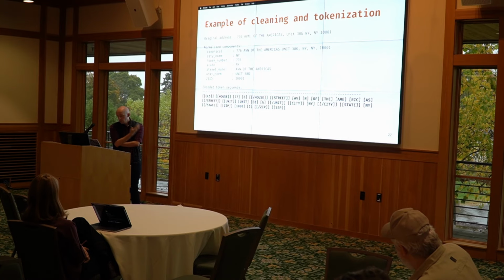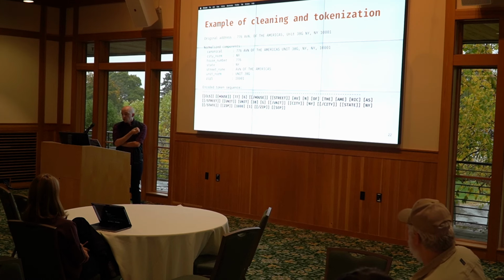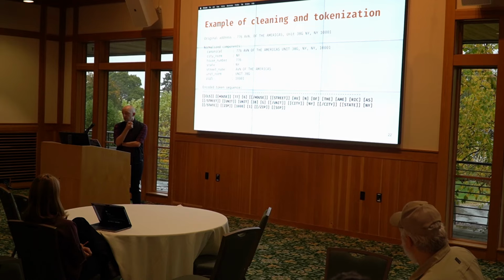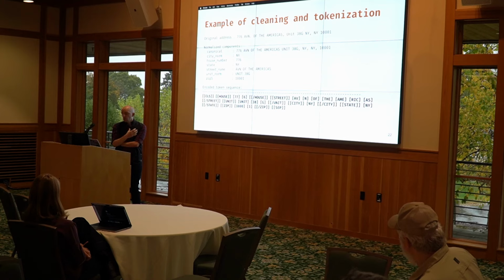We know that with the previous solution, we were able to get a canonical form and also a parsed version of the address. So we know which chunks of the address are the house number, the street, the state, the postcode, etc. So we can add our own custom tokens around each of these segments to help the model know where it is within the address.